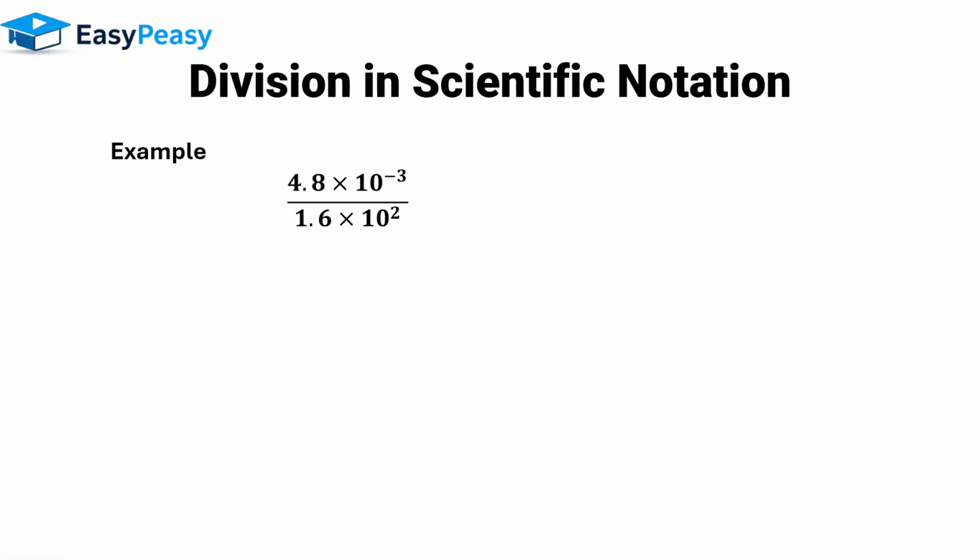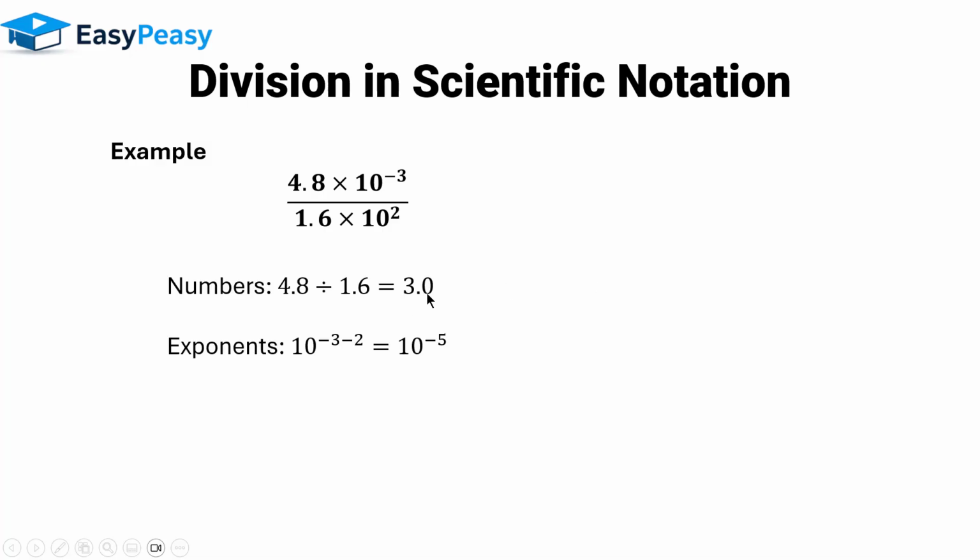Let's do this example. I'll give you the time, and after that let's solve it together. Okay, let's start. First, divide the numbers. 4.8 needs to be divided by 1.6, and the answer is 3.